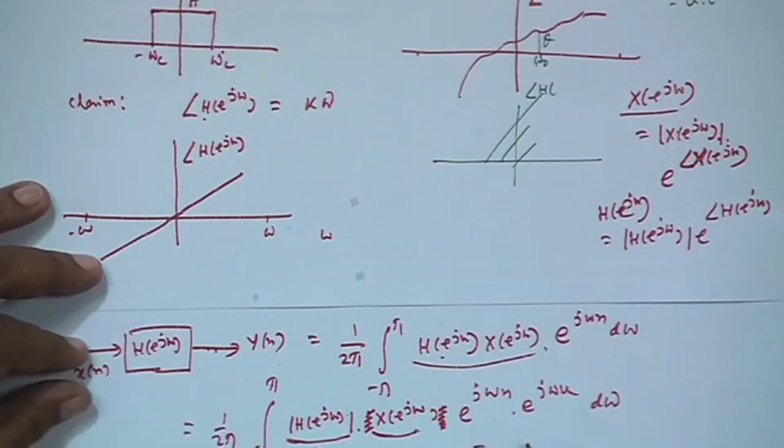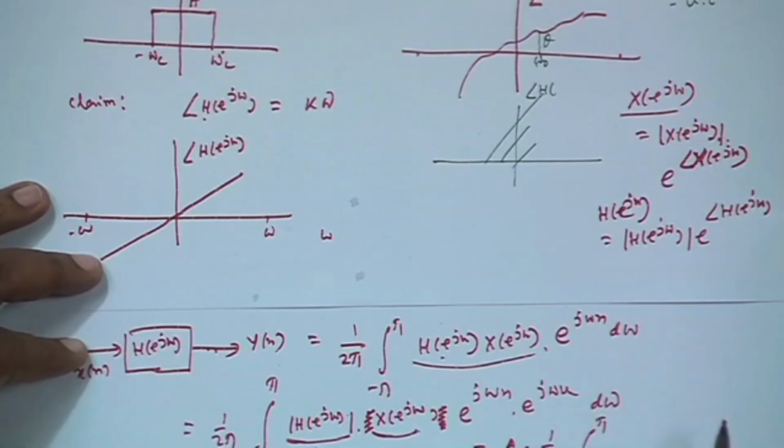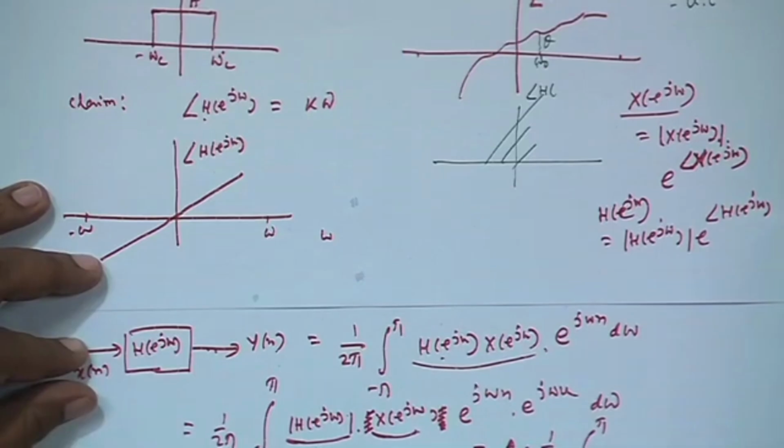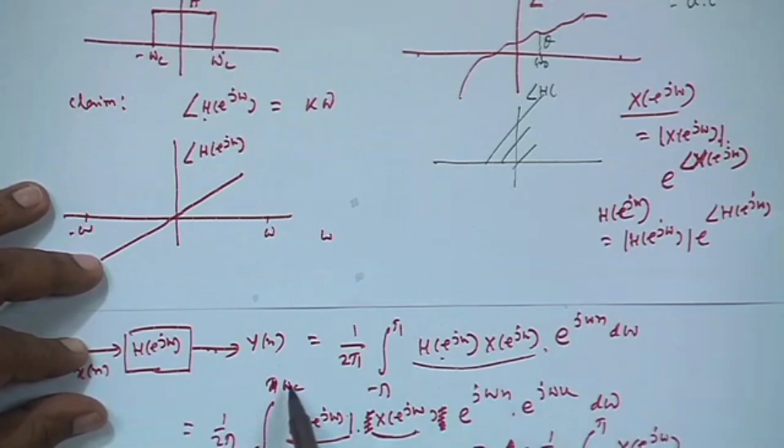So, it will be your A times 1 by 2 pi, minus pi to pi, okay. That is, you can even keep minus omega c to plus omega c here, and when you take A out, then this integral you can again come back from minus pi to pi, because inside you have got X e to the power j omega, and that is 0 outside this range minus omega c to omega c.